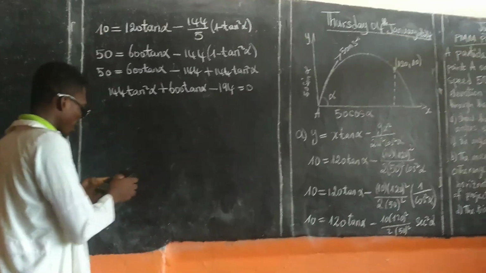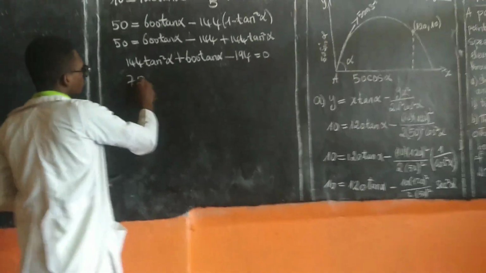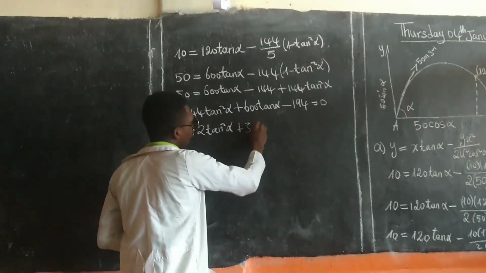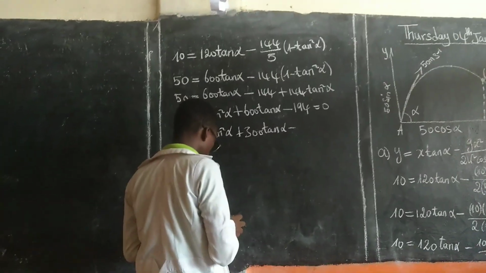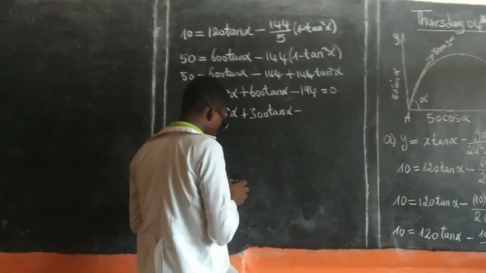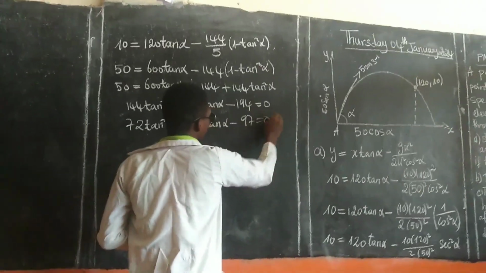Now we can divide by 2. So we have that 72 tan squared alpha plus 300 tan alpha minus 97 is equal to 0.